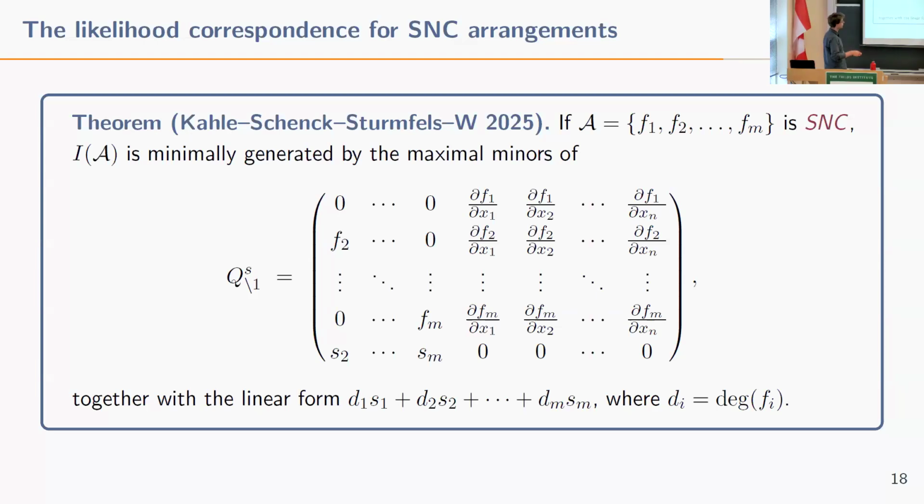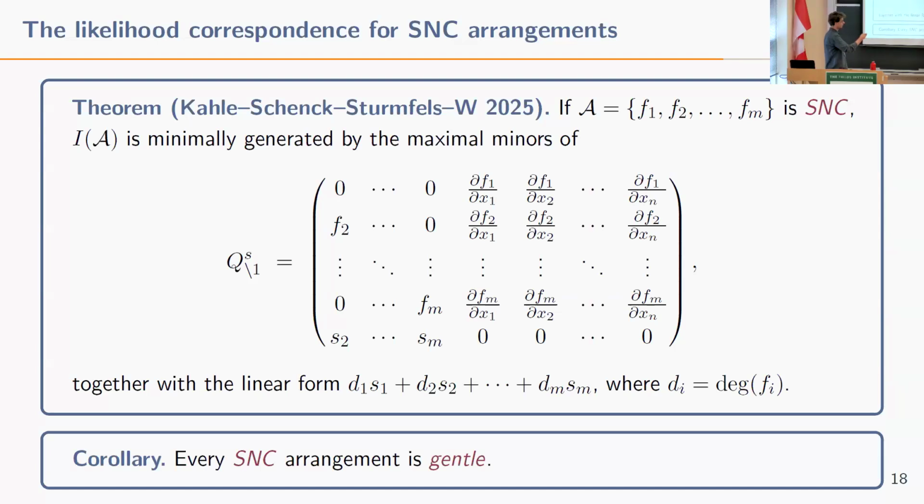So you take this matrix Q with this diagonal block on the left, the Jacobian block on the right. But now we remove the first column. So this is an arbitrary choice. We could have removed any of the first m columns. But we chose to remove the first one. And then we append another row in the end with s's here and zeros here.